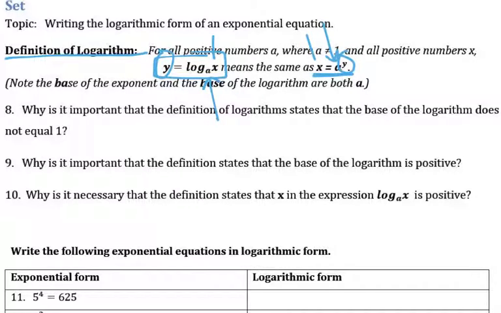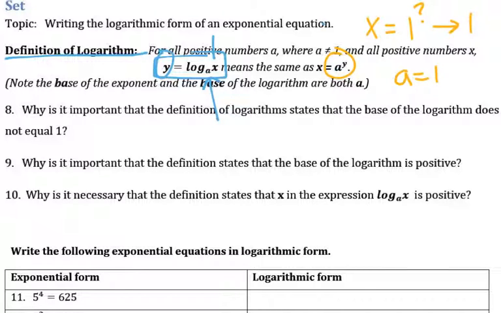So wait, why is it important that the definition of logarithm states that the base of the logarithm does not equal 1? Because if we look at the exponent, if a were 1, we'd have x equals 1 to the whatever power. Our answer is always going to be 1.